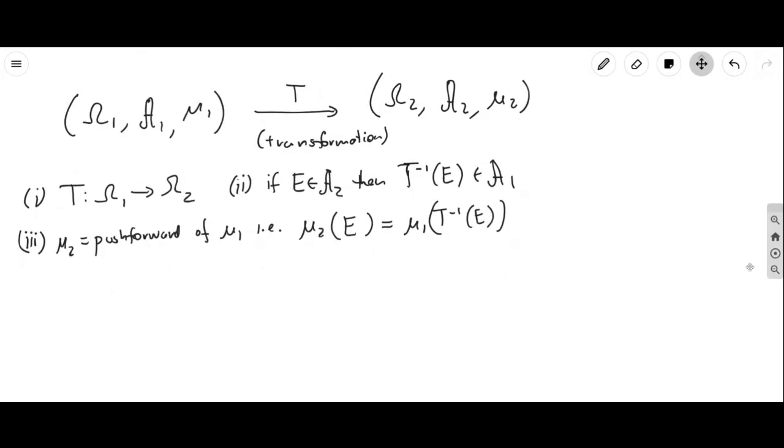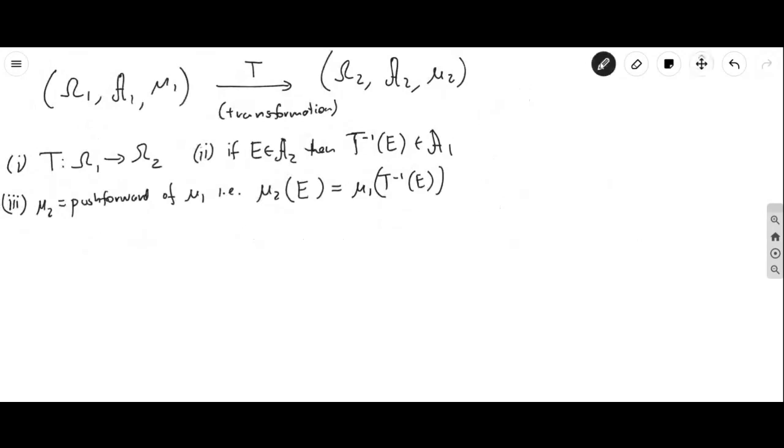And what we have here is, let us say that f is a real valued function defined on omega 2.